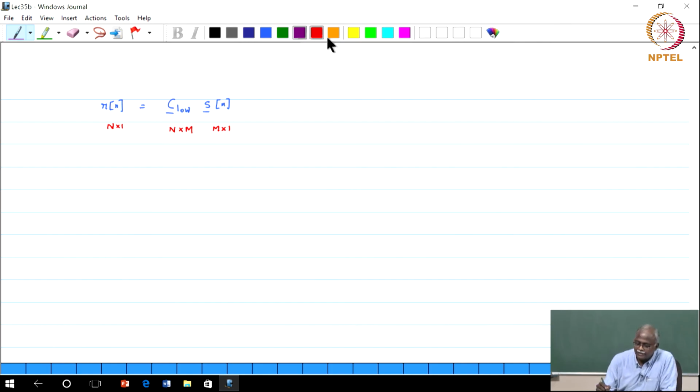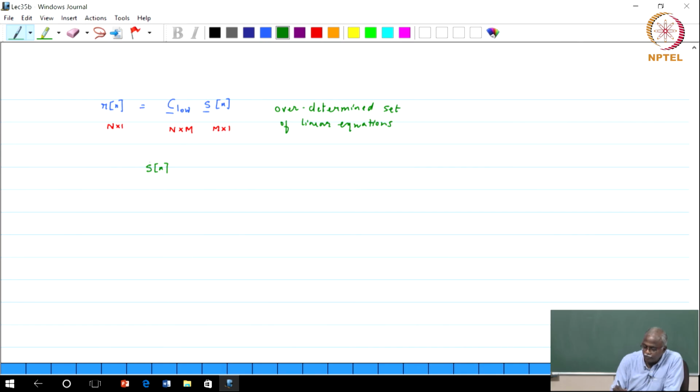Now this is nothing but an overdetermined set of linear equations, because n is greater than m, and these can be solved using the pseudo inverse technique. Once you get R of n, you can obtain an estimate S hat of n of the transmitted symbols using the pseudo inverse.